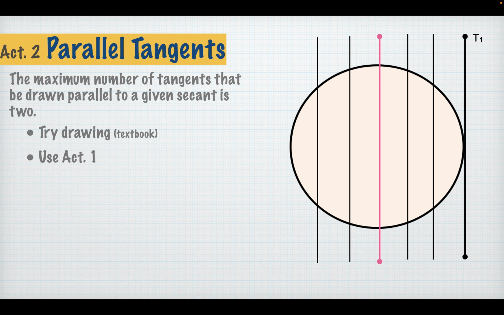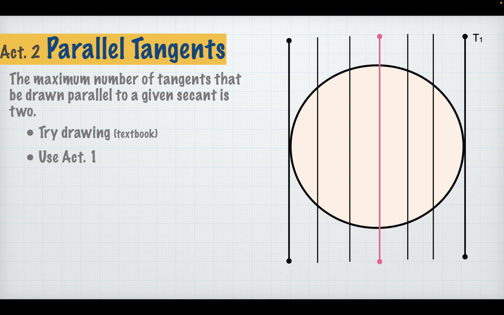Then you can do the same thing to the other side of the circle. By doing this, you know that there are two tangents that are parallel. And why are they parallel? Because all these lines are parallel to the secant, so they are going to be parallel to each other too. So you know that you can draw at least two parallel tangents now.